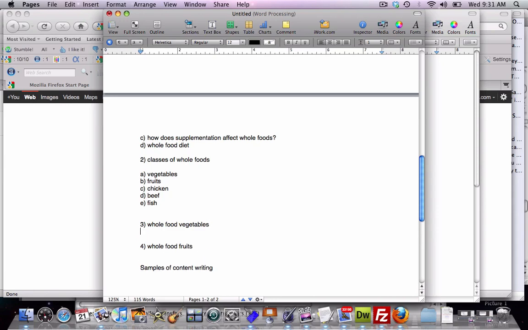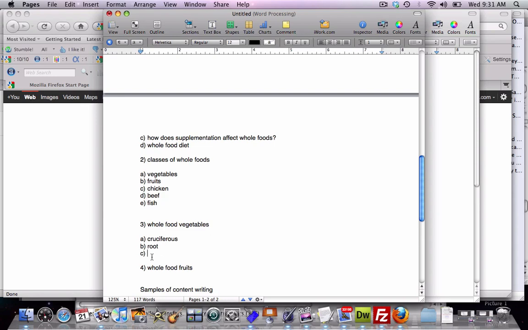So we could have maybe cruciferous vegetables. How about root vegetables? I don't even know if these are appropriate classes, but I'm just throwing them in here so that we have a 4x4.